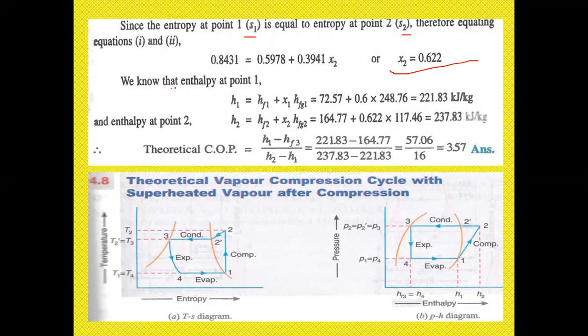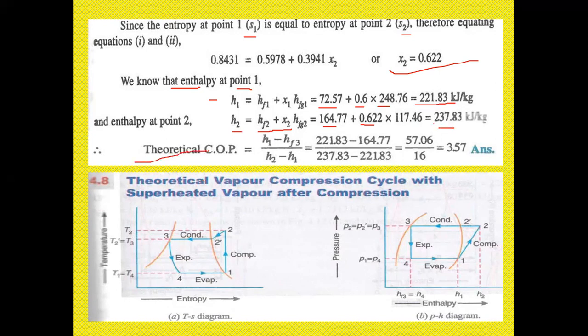Therefore the enthalpy at point 1, H1 is equal to HF1 plus X1 HFG1, that is equal to 72.57 plus 0.6 into 248, that is equal to 221.83. Next, H2 is equal to HF2 plus X2 HFG2, that is equal to 164.77 plus 0.622 into 117, that is equal to 237.83.